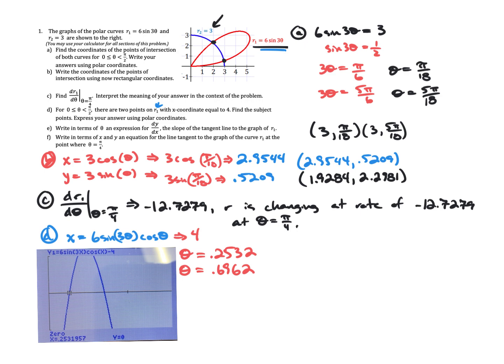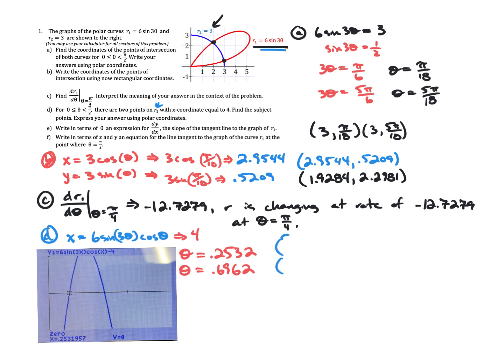However, it says express the answers using polar coordinates. So what do we need to know? We need our r. And our r is not equal to 3. But we need to find our r. So what do we need to do? Substitute it back in.